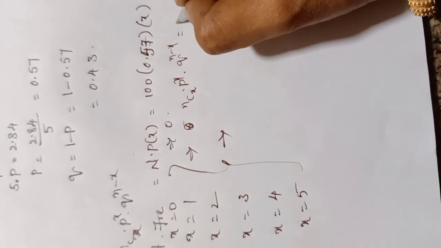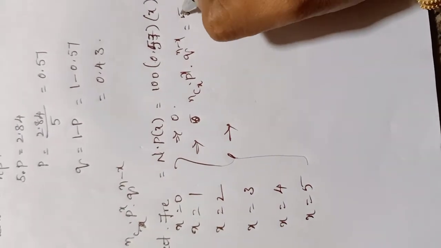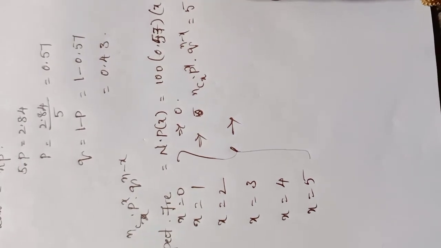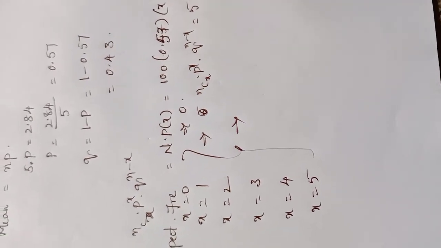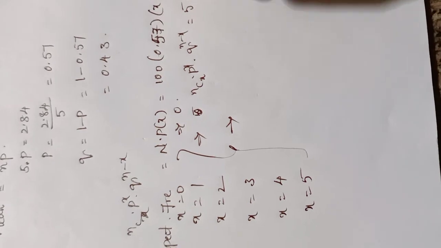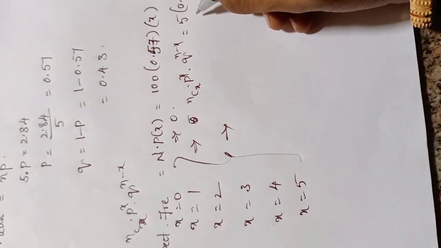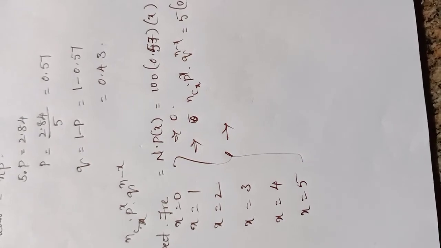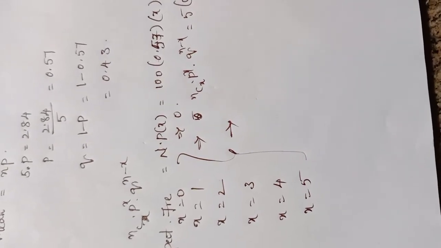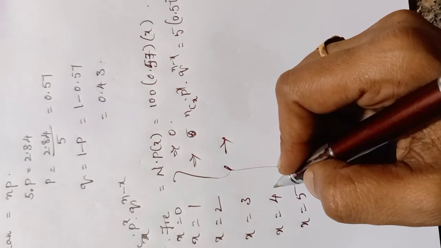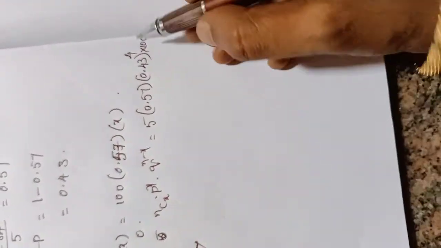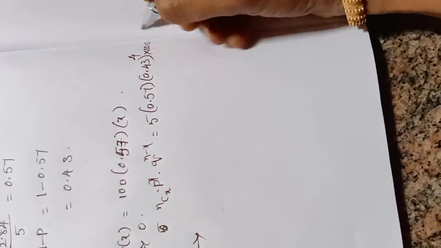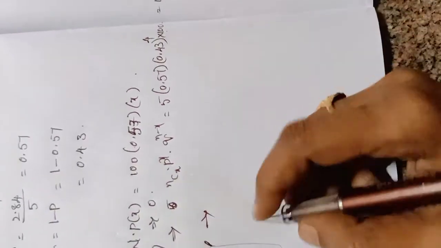Here it is 5C1, that means 5 into 0.57 into 0.43 whole power 4, into capital N, that is 100. So this is the expected frequency, no? For this expected frequency we have to multiply by capital N also. So this value is equal to 10.